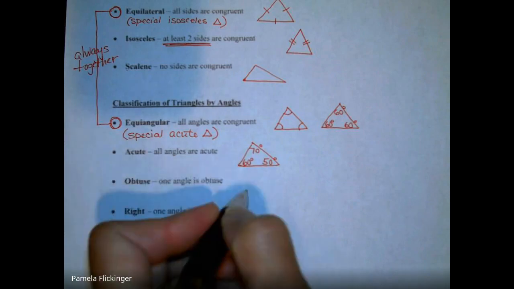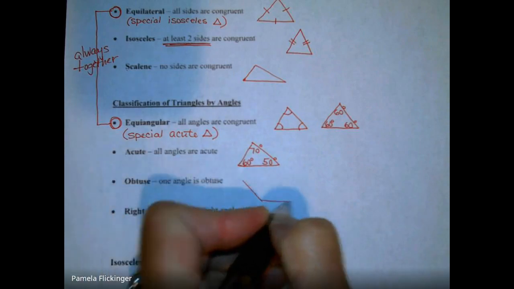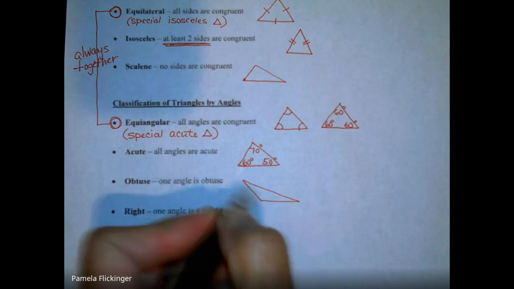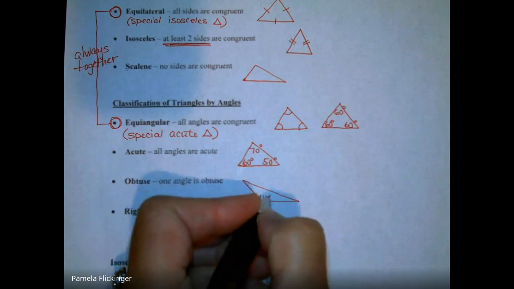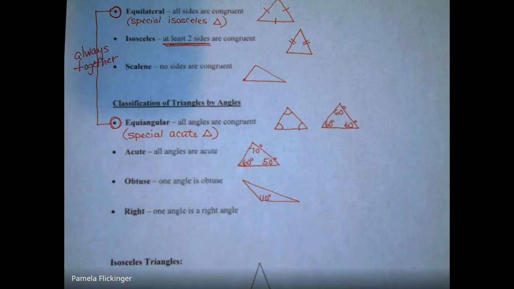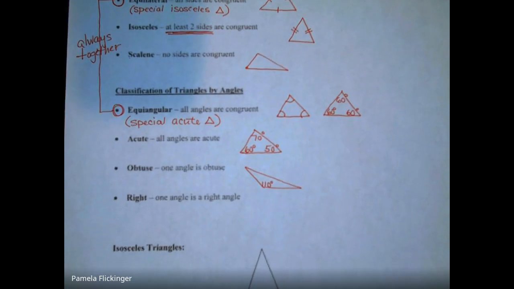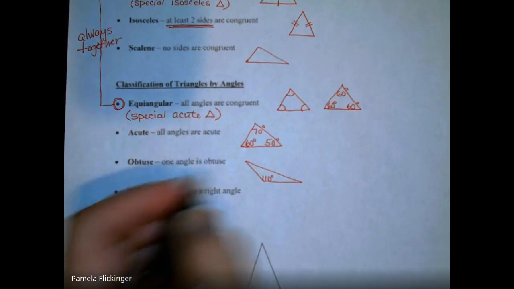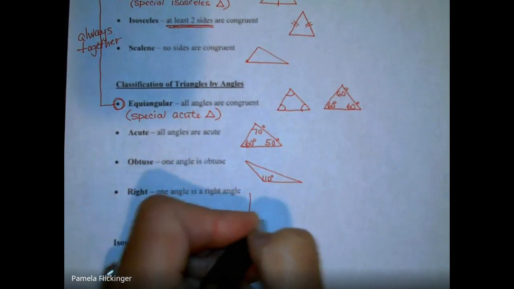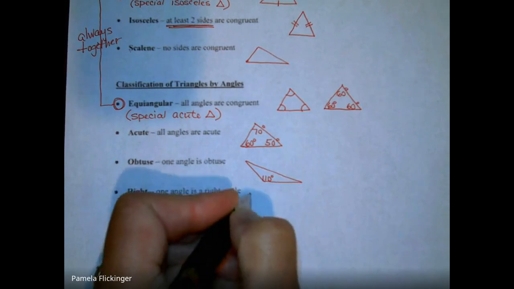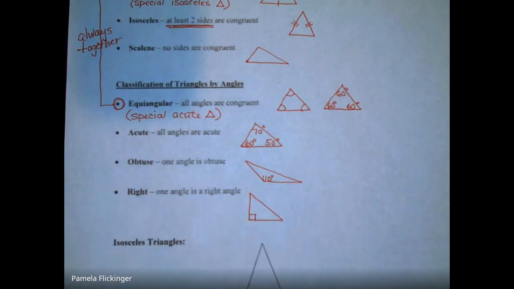If one of the angles in the triangle is greater than 90 degrees, and there can only be one, right? It would be called an obtuse triangle. And then, of course, if one of the angles in your triangle is a right angle, 90-degree angle, then that's a right triangle.